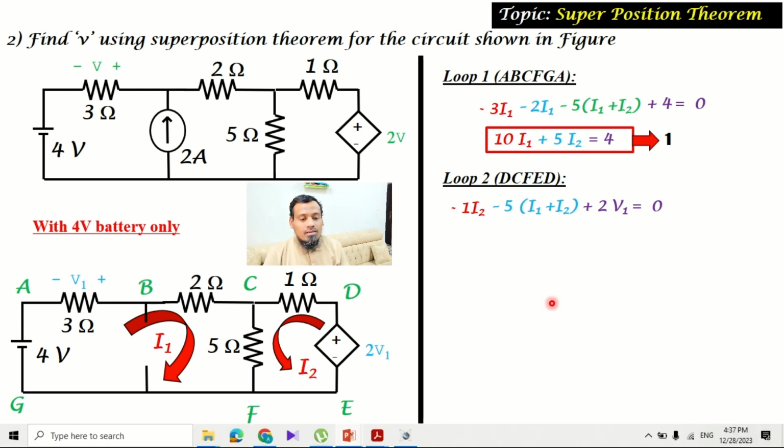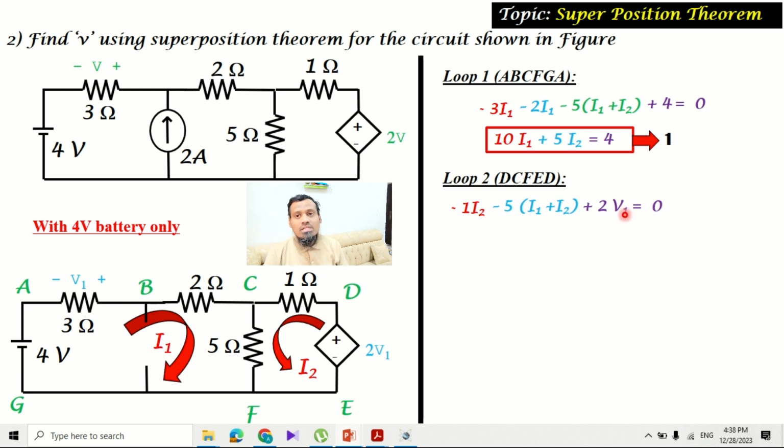So now the voltage V1 can be calculated from the given circuit as V1 is equal to I1 multiplied by this resistance value, which is 3. So the voltage V1 will be equal to minus 3 I1. The minus comes because the travel direction and the assumed current direction are the same, so a minus is encountered.